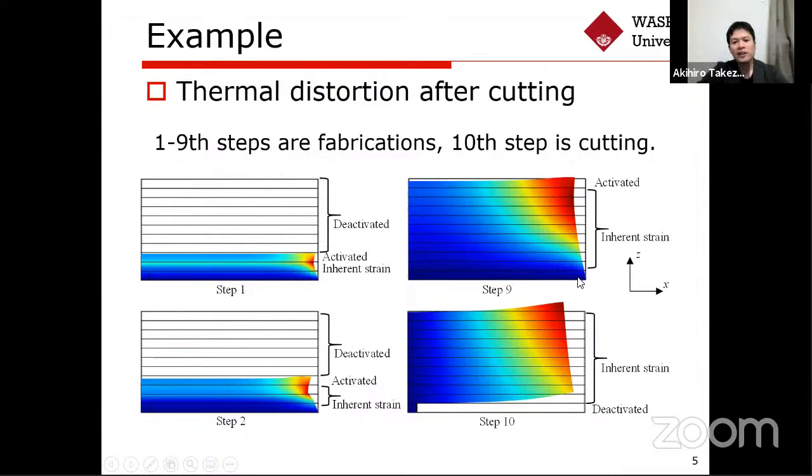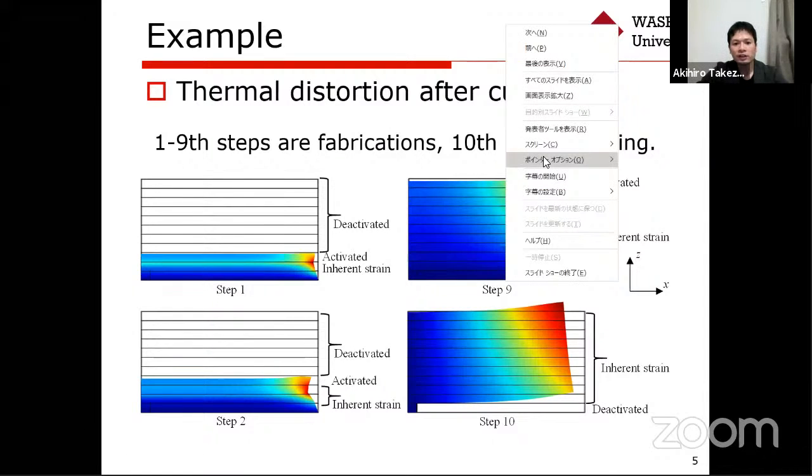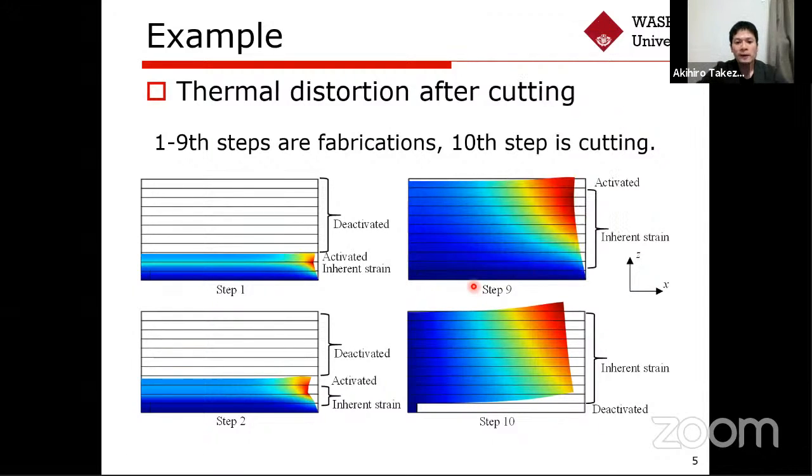And the final shape before cutting is like this. By reducing the Young's modulus of the bottom layer, we can perform the cutting operation of the additive manufactured part. We certainly obtained a bending deformation of the additive manufactured part.